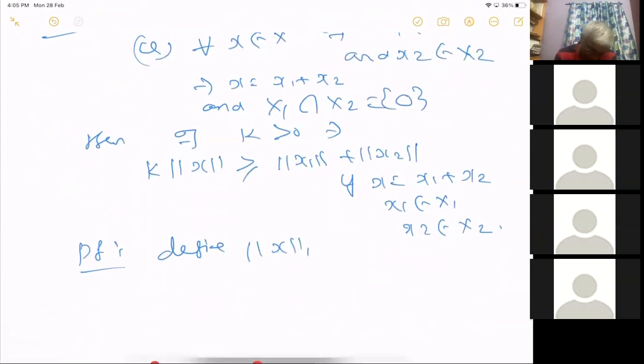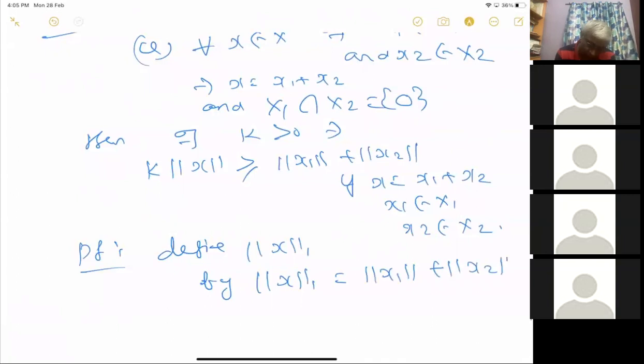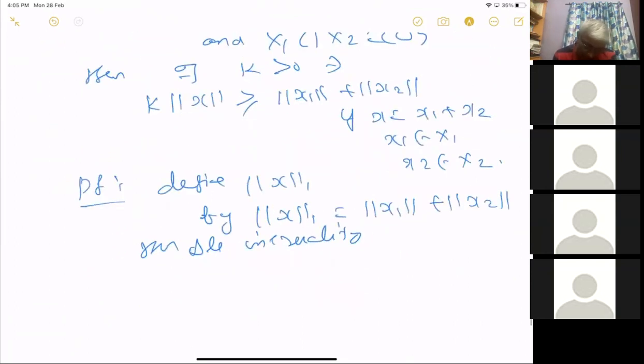Then by the triangle inequality, we have norm x, which is norm x1 plus x2, is less than or equal to norm x1 plus norm x2.